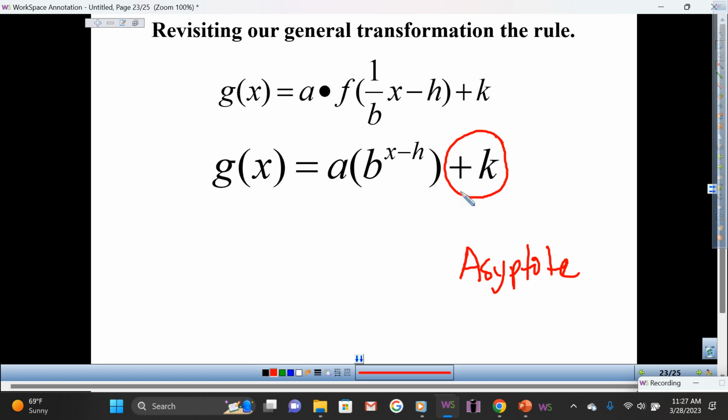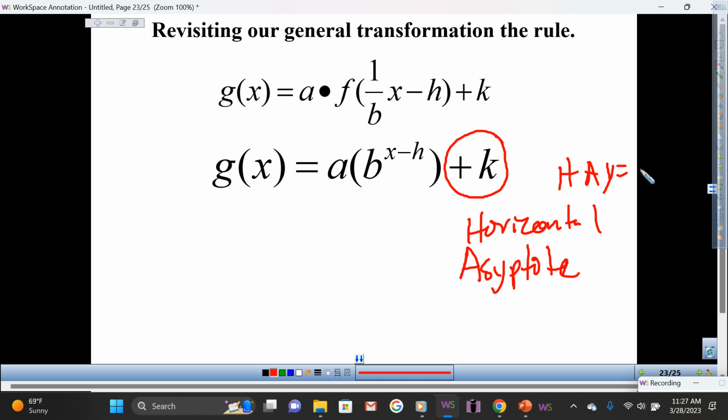Which asymptote, Briseida? Horizontal, that is correct. Or our HA, y equals. Remember that? Yeah, that's still going to be working with that one.